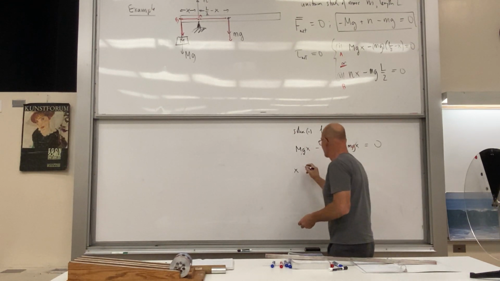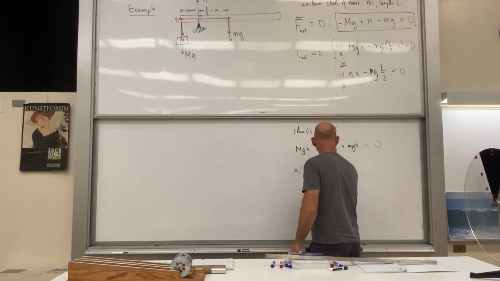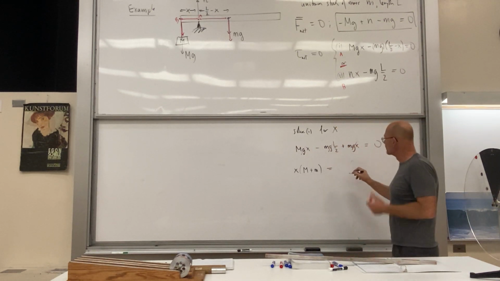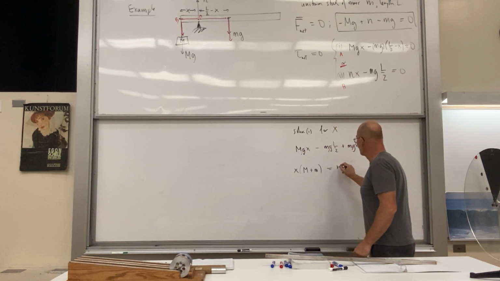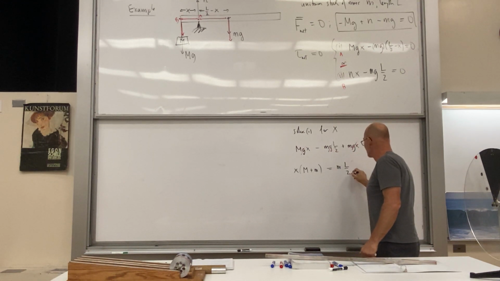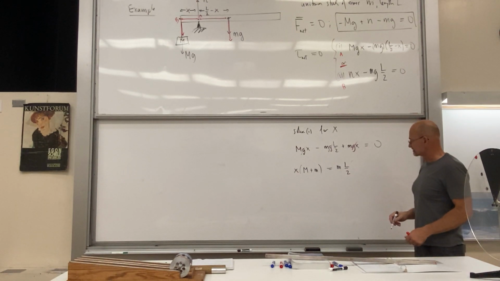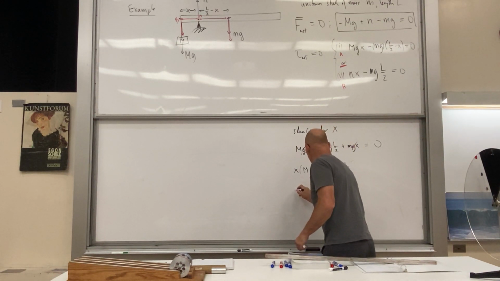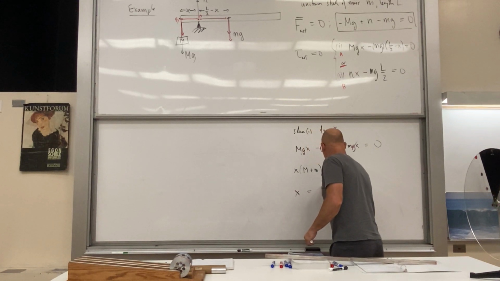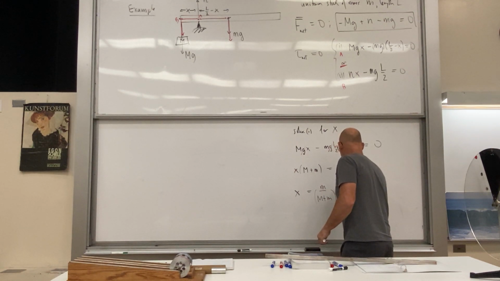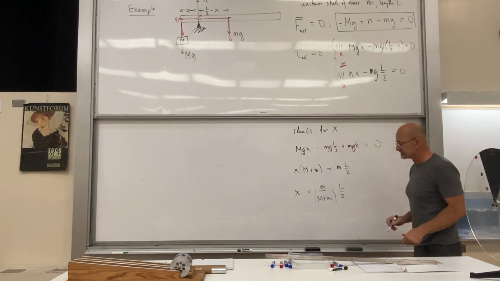So we have x times lowercase m plus uppercase M is equal to m times L divided by 2, bringing this to the other side. So x equals m divided by m plus capital M times L divided by 2.